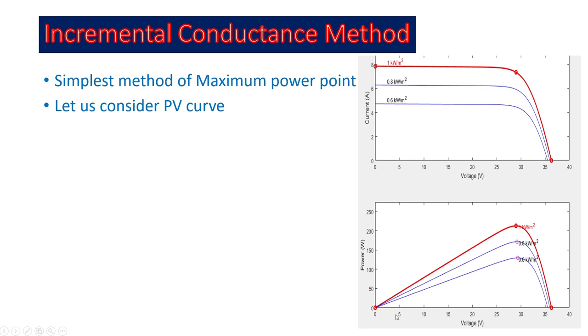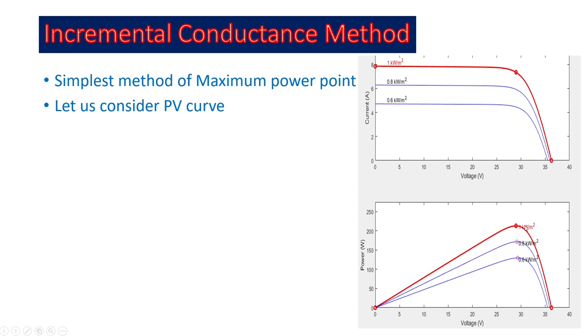That means as we increase the voltage of the PV panel, power also increases. As we keep increasing the voltage, the power reaches the peak point, the maximum power point. Beyond this point, with further increase in voltage, power drops because the current drops in this region.